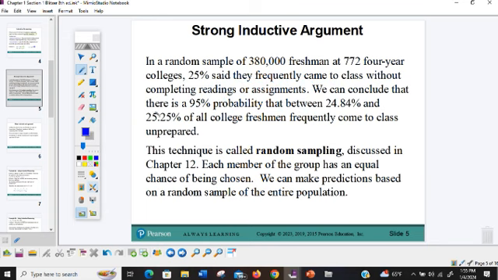We can conclude that there's a 95% probability that between 24.84% and 25.25% of all college freshmen frequently come to class unprepared. This technique is called random sampling. It's discussed later in chapter 12. Each member of the group has an equal chance of being chosen. So we can make predictions based on this random sample for the entire population. So this would be a strong inductive argument.